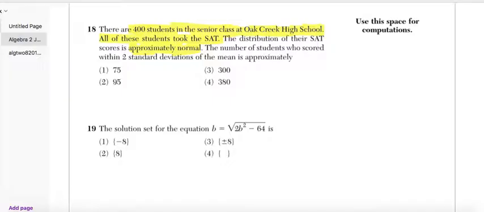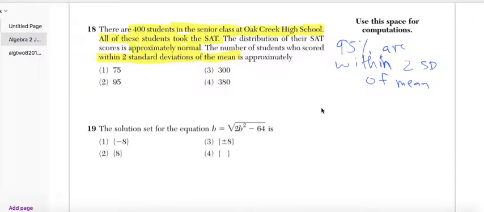The number of students who scored within 2 standard deviations of the mean is approximately, so guys, in a normal distribution, 95% are within, just like in one of the previous questions on this exam. 95% are always within 2 standard deviations of the mean.